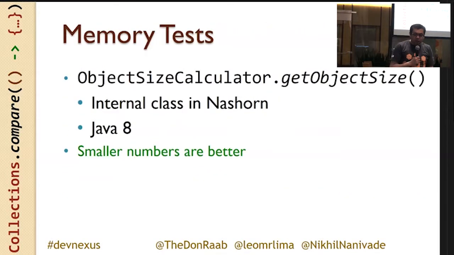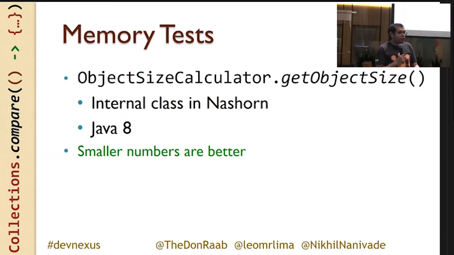Okay. The next one which we're going to look at is the memory test, because at the end of the day, you also need to make sure that you have a high performance system, but you're not losing time in garbage collection or anything. Your memory footprint should be as small as possible. So we are going to be using ObjectSizeCalculator, which is an internal class in Java 8, and that's partly one of the reasons why we are not comparing Java 9 collections.